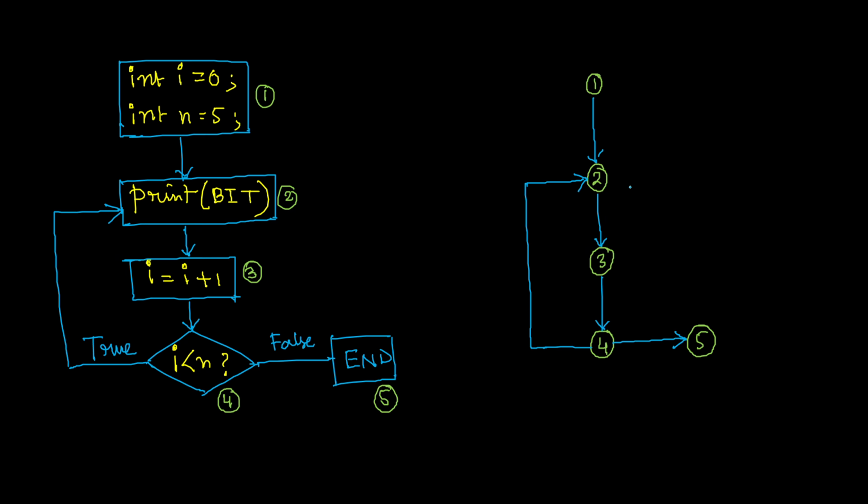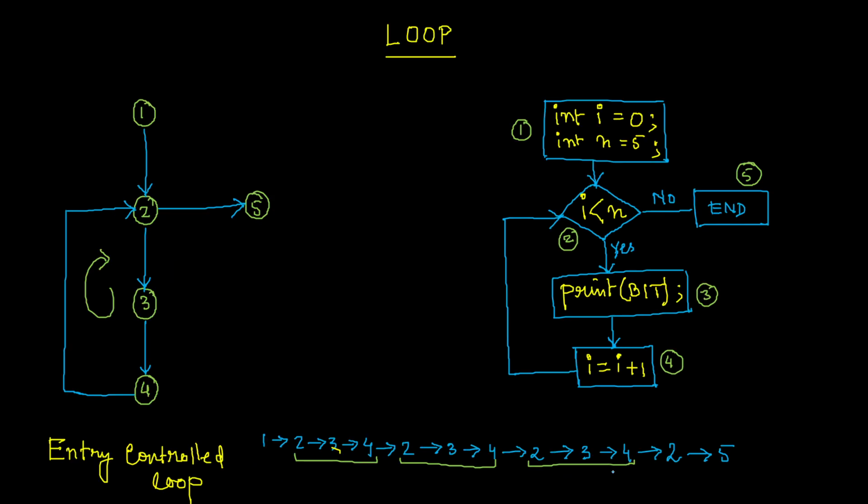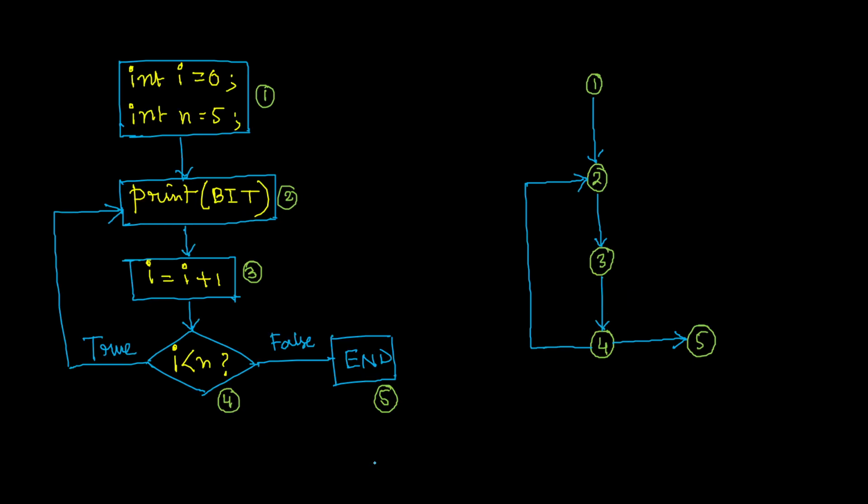Now see, if you want to make an assumption of this execution in the same way as I have done, it will be 1, then 2, then 3, then 4. If this is true, then you are doing 2, 3, again 4.